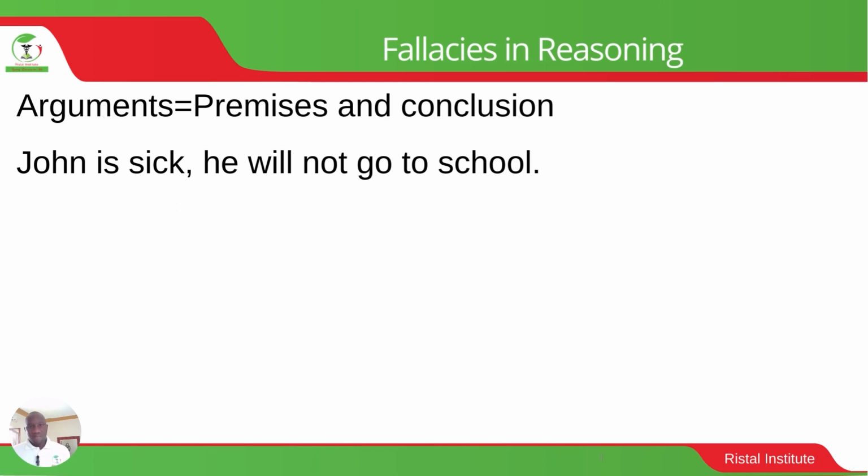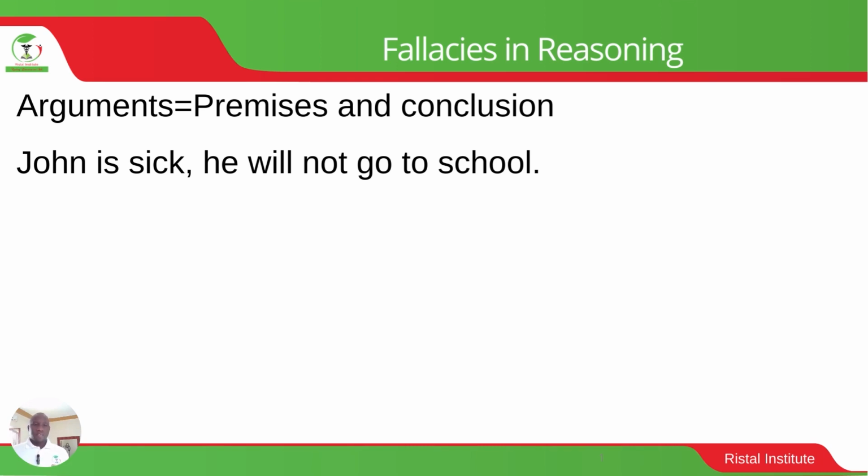So I will be discussing what each fallacy means, at least an example of each fallacy, and what you can do to make sure that you avoid the fallacy, or how you can actually handle an argument in which you have detected a fallacy.